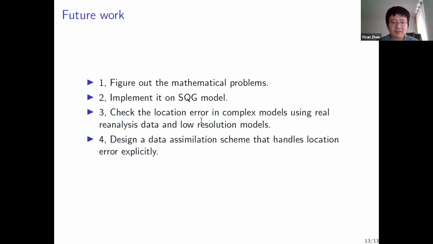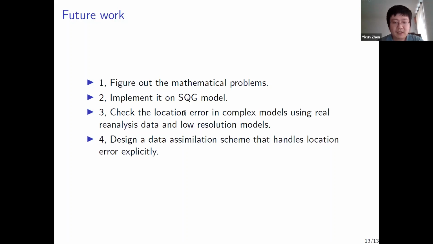This is also nice because we can apply this optimal transport theory to real data. In real applications, we have the real analysis time series, so we can use it together with the low resolution model to find the location error of your low resolution model.